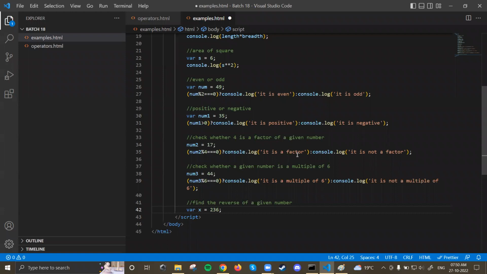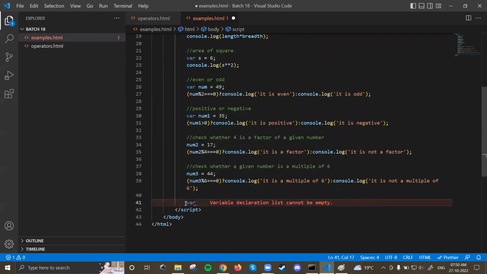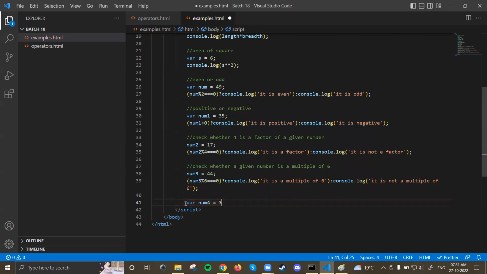Let me show you something. Let's say we have a number called num4 equal to 386.25.